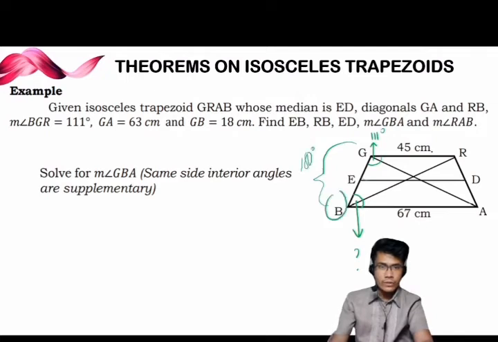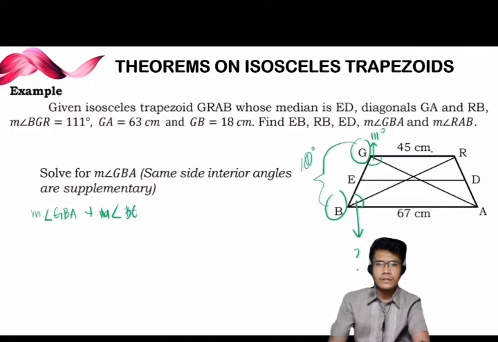Therefore, the measure of angle GBA plus the measure of angle BGR is equal to 180 degrees.